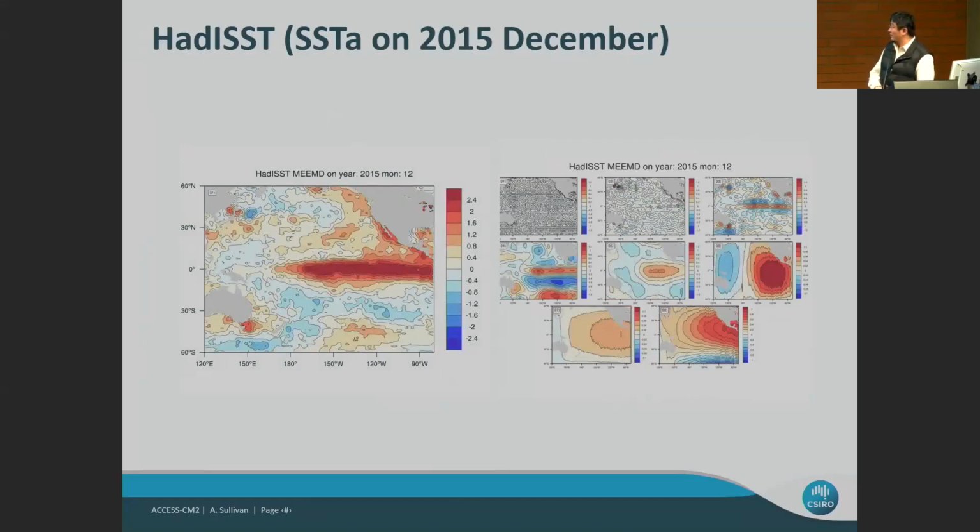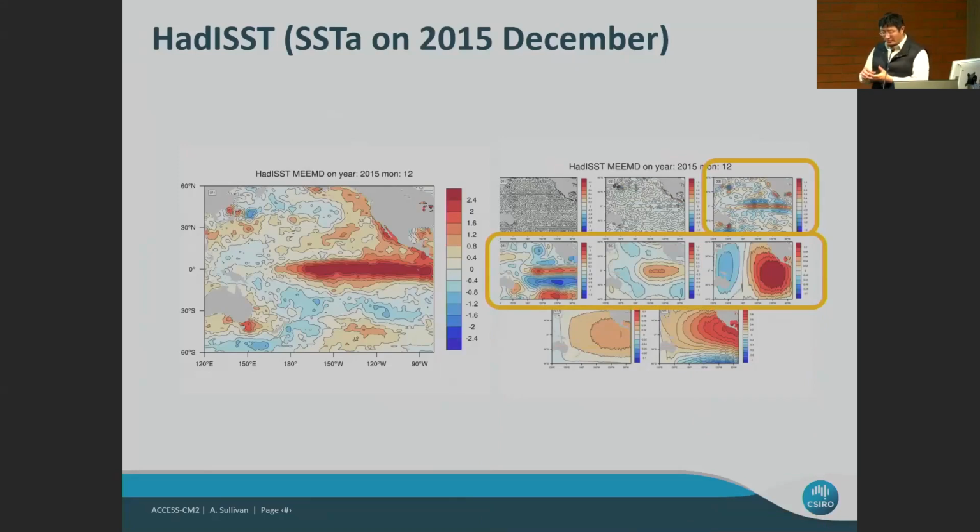We apply the multi-dimensional EMD, and then we can decompose it into these modes in space. The first two modes are really like noise. EOF 3, 4, 5, 6 are more like the signal, what we want. 7 is like a residual, and 8 is a very funny thing. 8 actually is the surface trend.